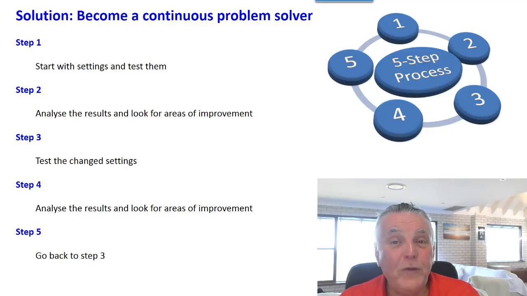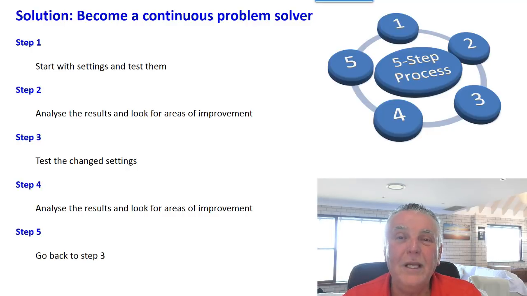After you've done that, you just go back to step three and you test it again and analyze the results, and it's a continuously closed loop. But through the process, after a month or so, you will have settings that you are confident about, that you know will work under certain market conditions, and you will have learned how the EA works.